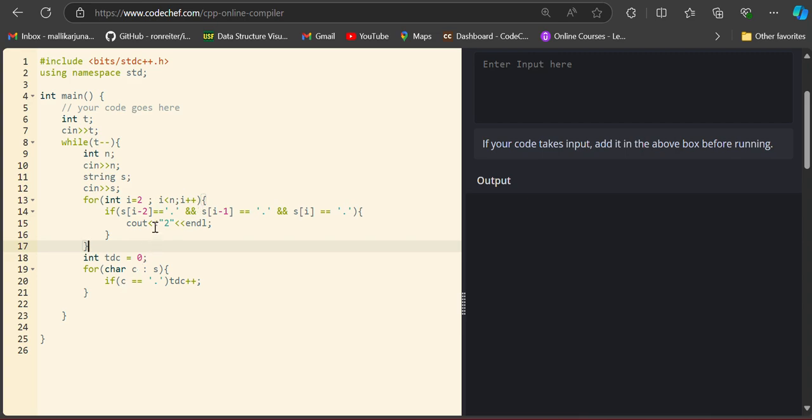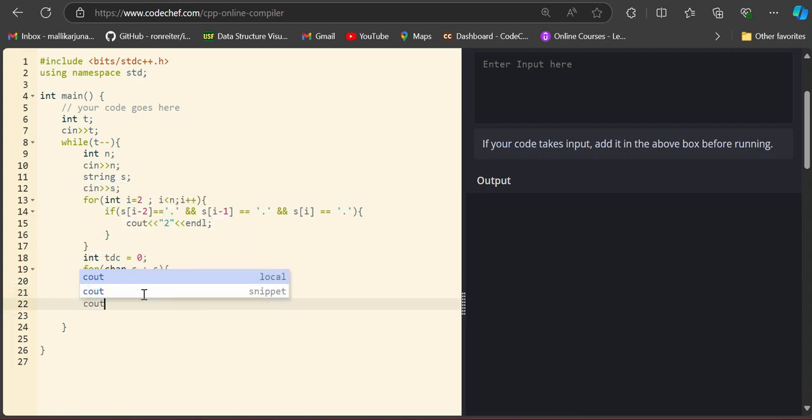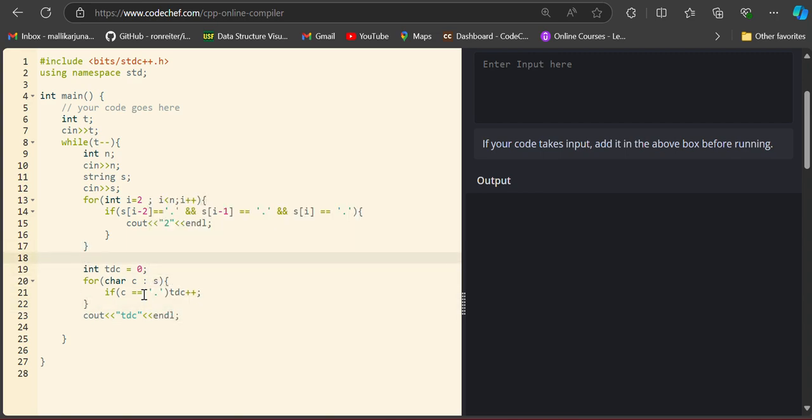Okay. So we just print how many total dotted characters are there. And so only among these two conditions are applied.